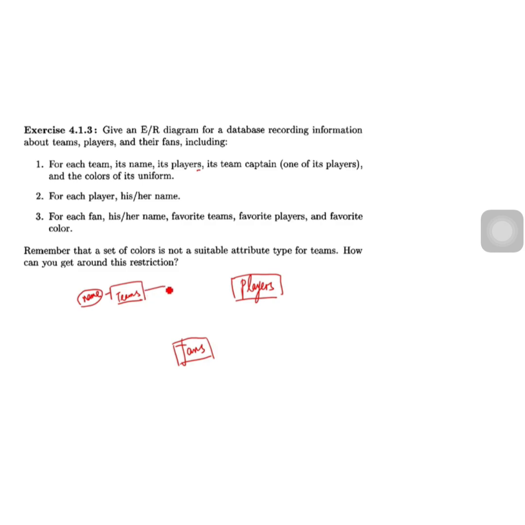So it is the relationship "for", because in a team there are many players, so here is many. The multiplicity of this side is many.